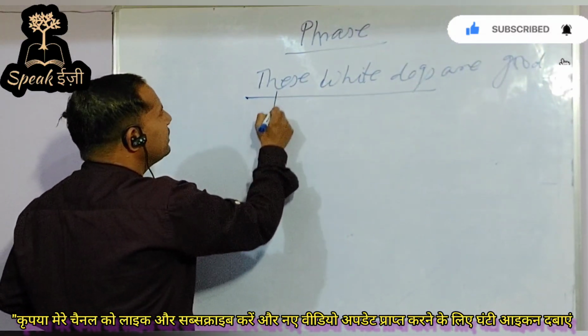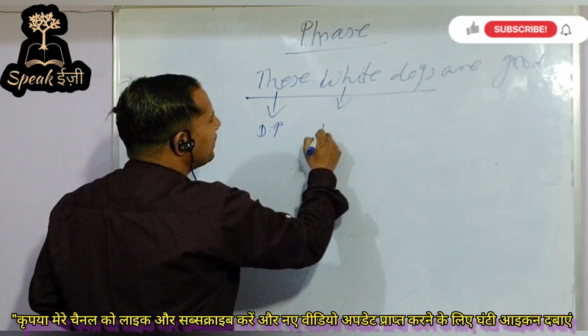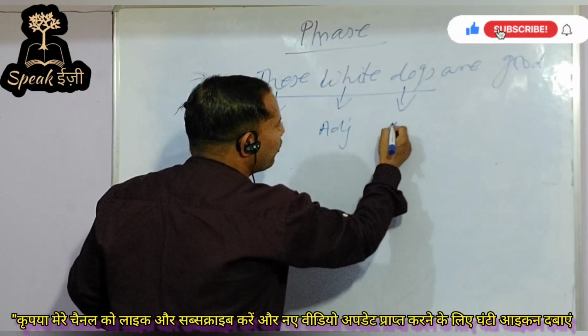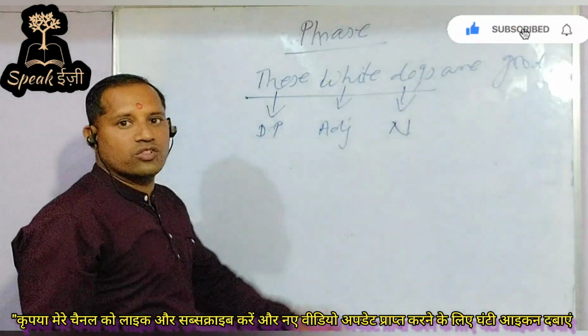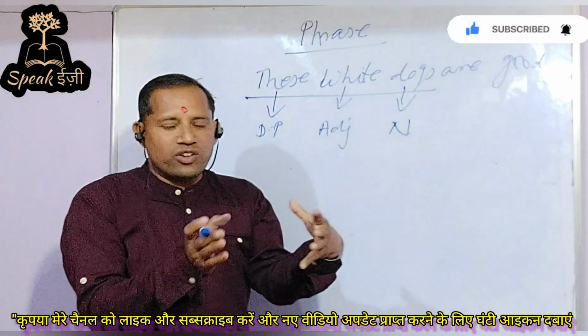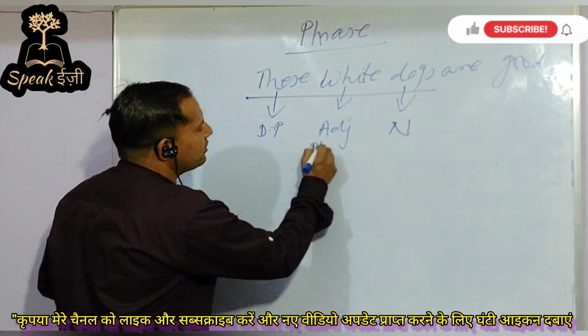The first word, these, is a demonstrative pronoun. And white is an adjective. And here the dogs is a noun, a plural noun. So this is a combination of more than 2 parts of speech. So it will be called a phrase.